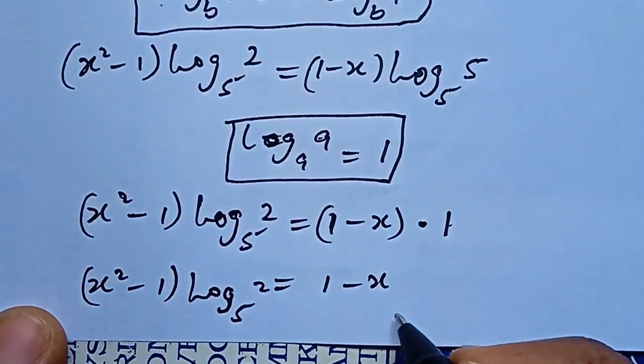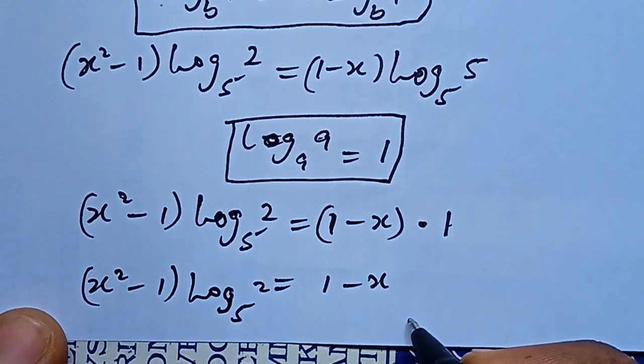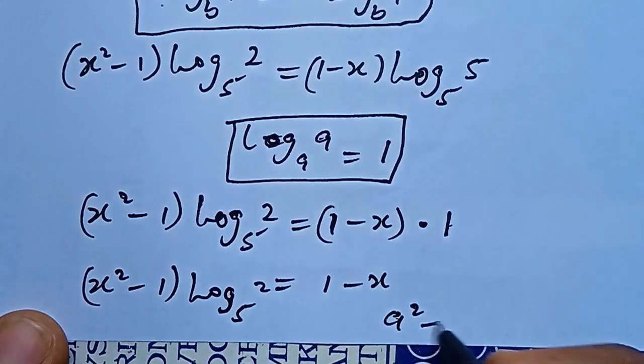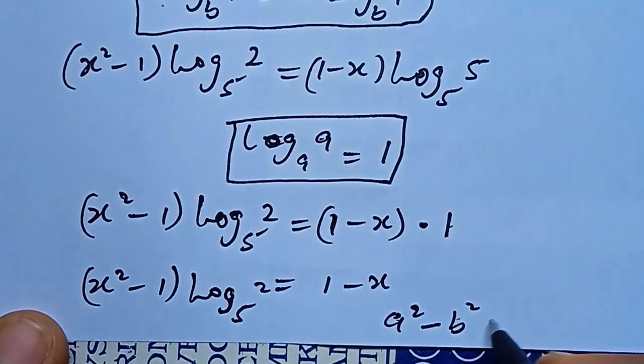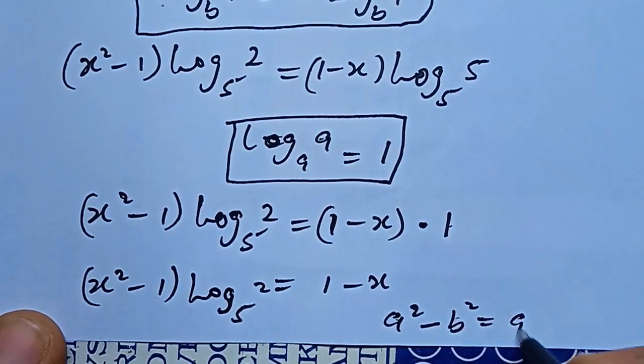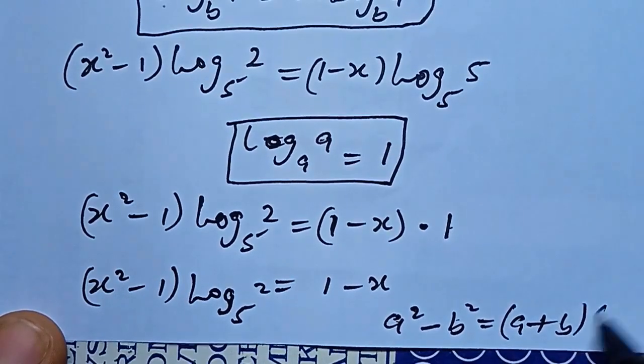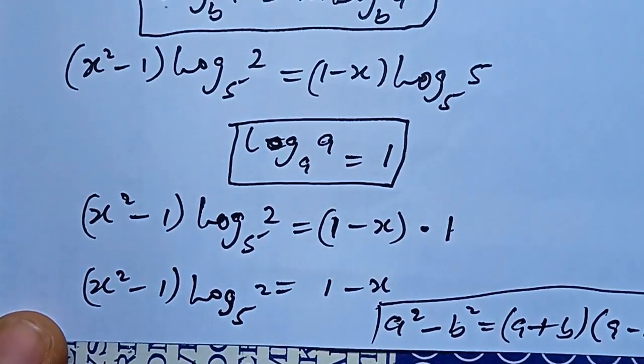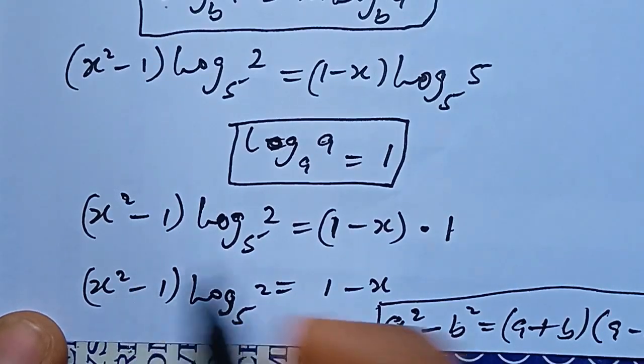As difference of 2 squares. And difference of 2 squares is given as, if we have a power 2, b power 2, we can write that as a plus b, then a minus b. So we use this over here on this expression.